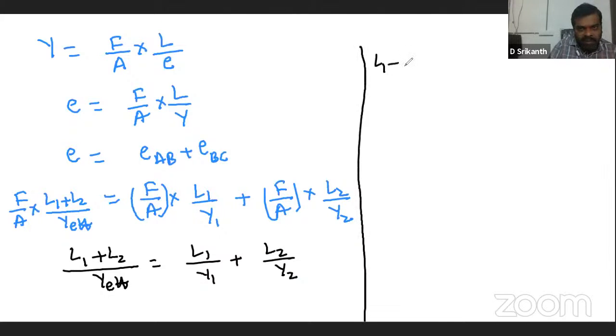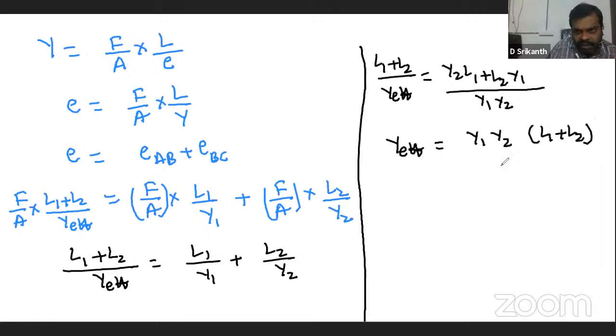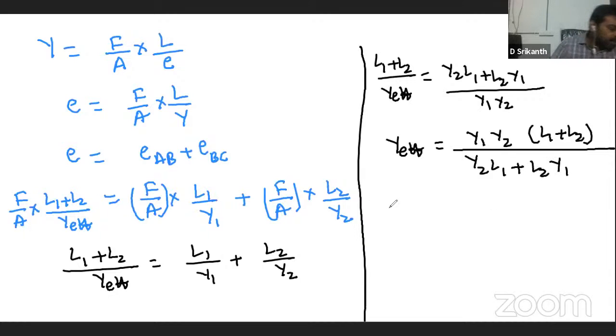L1 plus L2 by Y effective is equal to Y2 L1 plus L2 Y1 divided by Y1 Y2. So Y effective is equal to Y1 Y2 into L1 plus L2 divided by Y2 L1 plus L2 Y1.